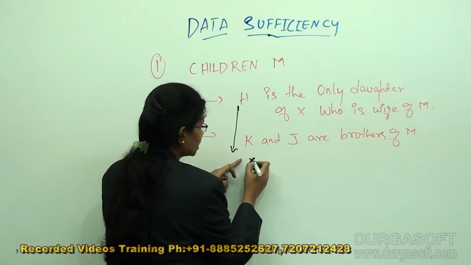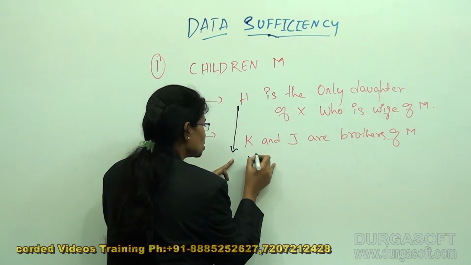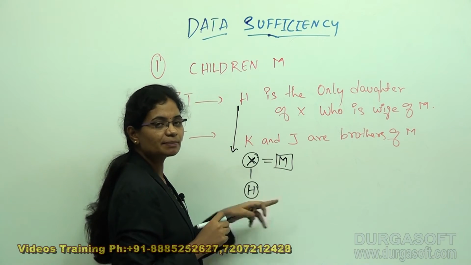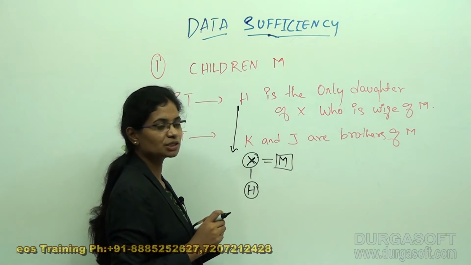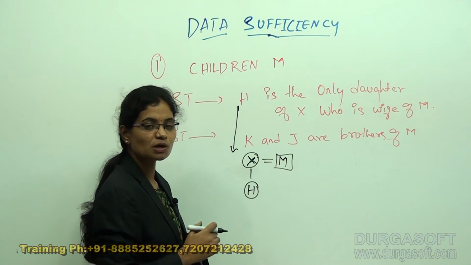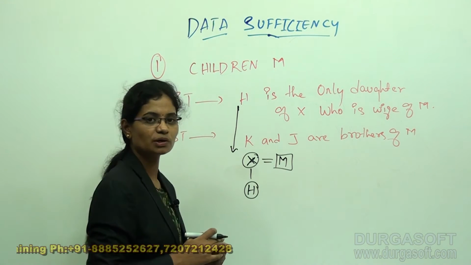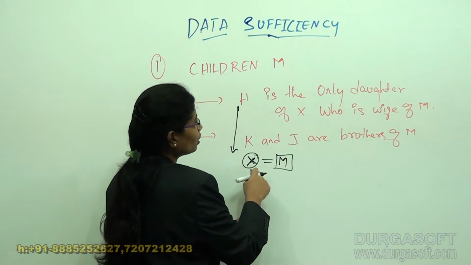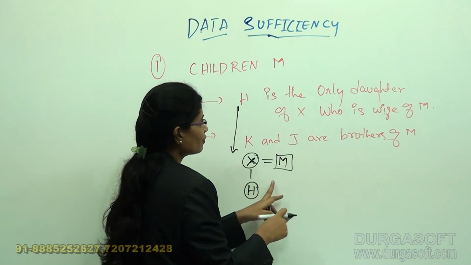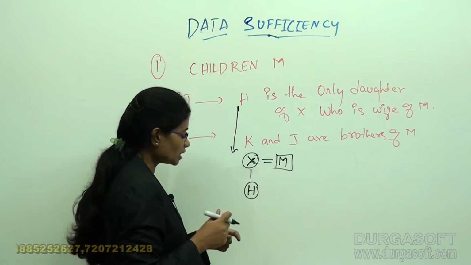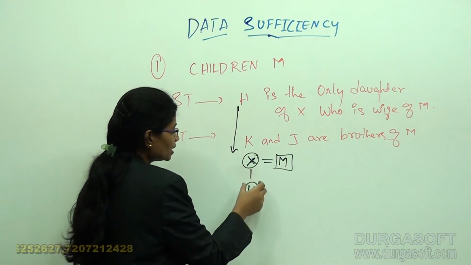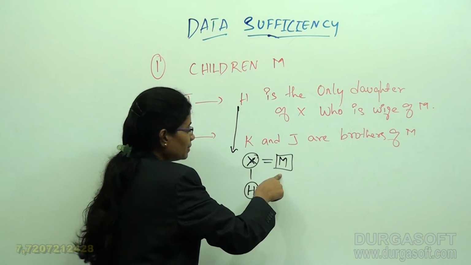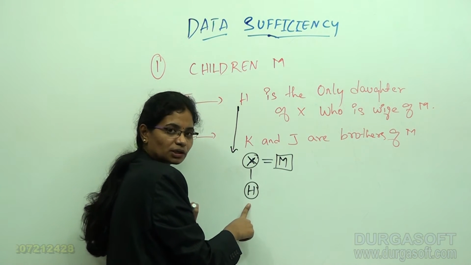Who is wife of M, in the sense this X herself is the wife of M. That means M will be male. The symbols we have already discussed in blood relations. If you have any confusion, just watch my blood relations video. So H is the only daughter of X, who is the wife of M. So M has H as the only daughter.